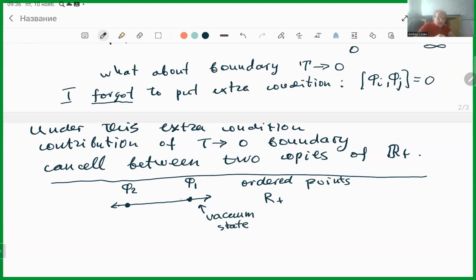So the only parameter here is T that stands here. And I want to add together two copies of R plus.